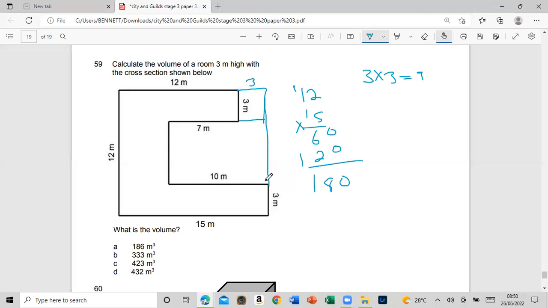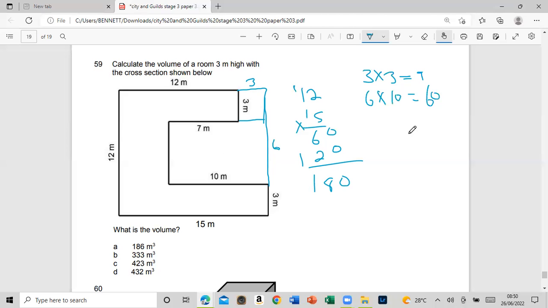Alright, so we need to find this now. This is 10. So we need to figure out this portion right here. This is everything at 12, right? So easy. This point here, so this point here, just our 6. So this is now a 6 by 10, which is 60.